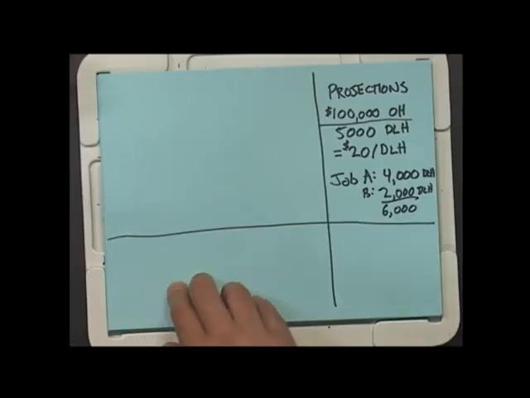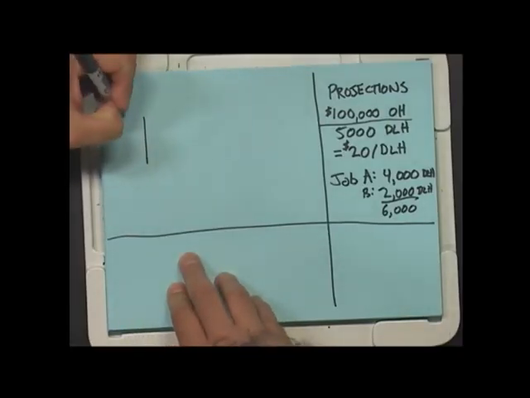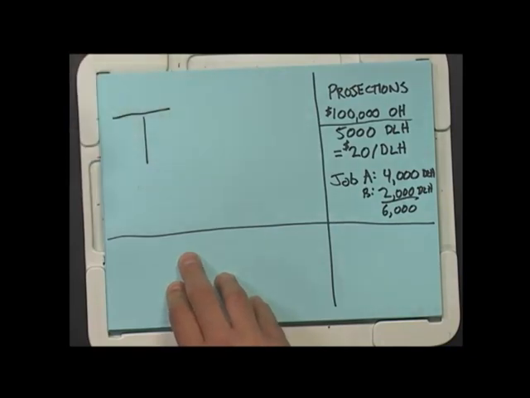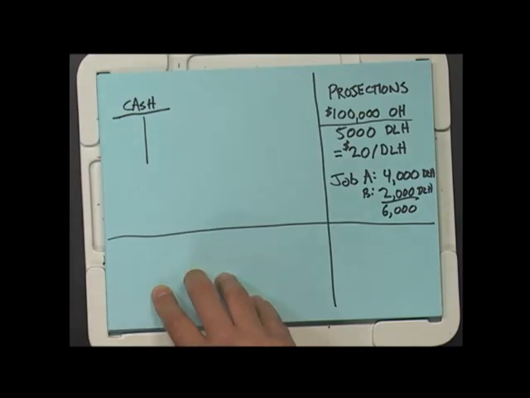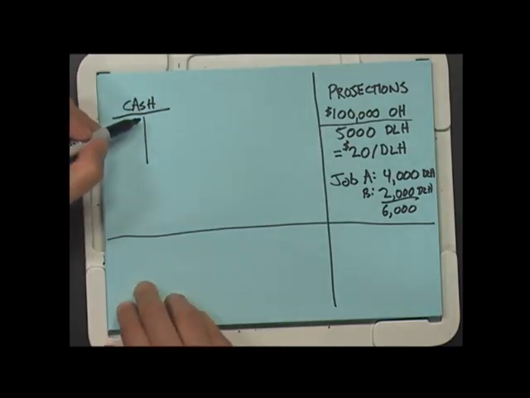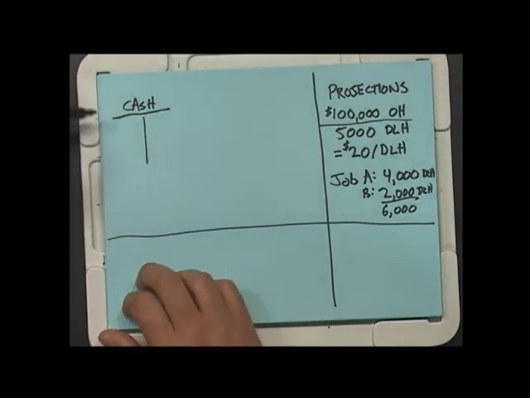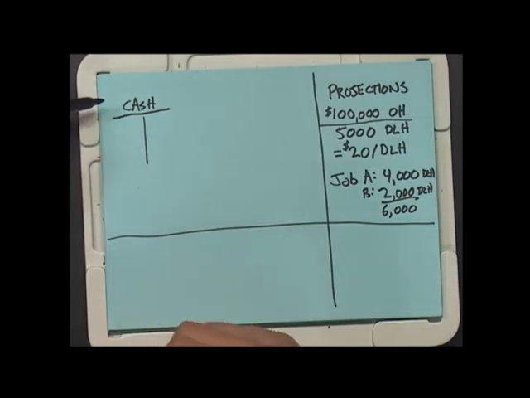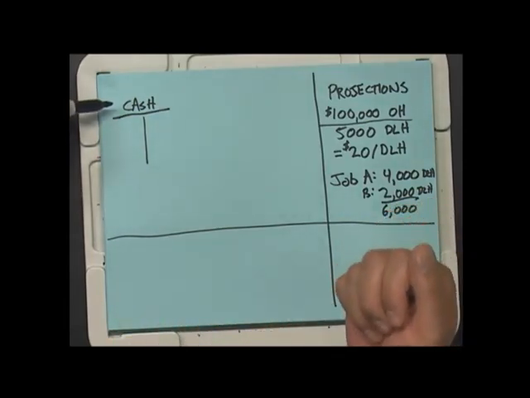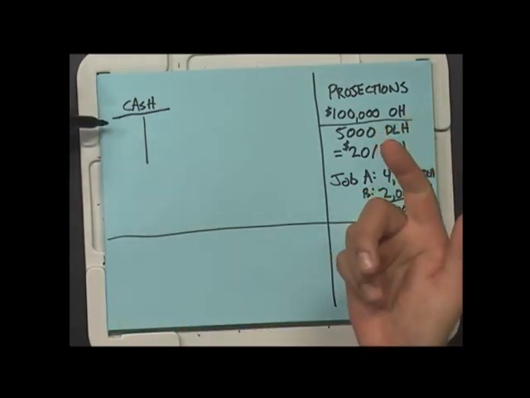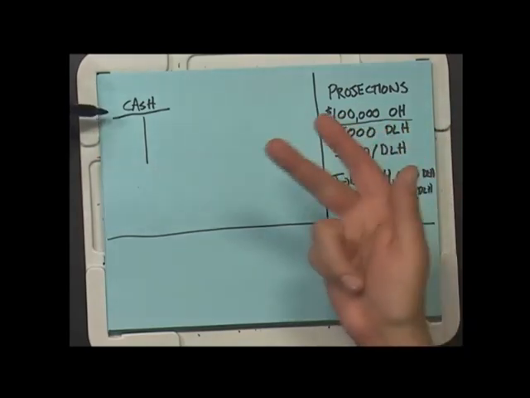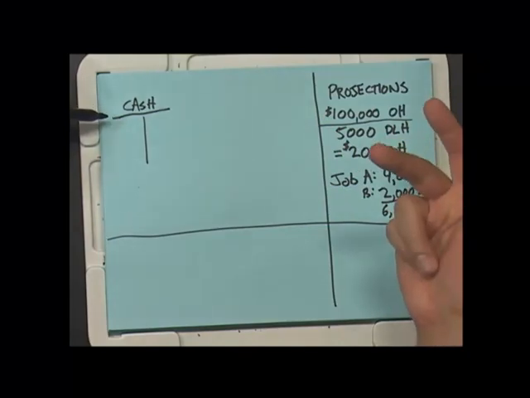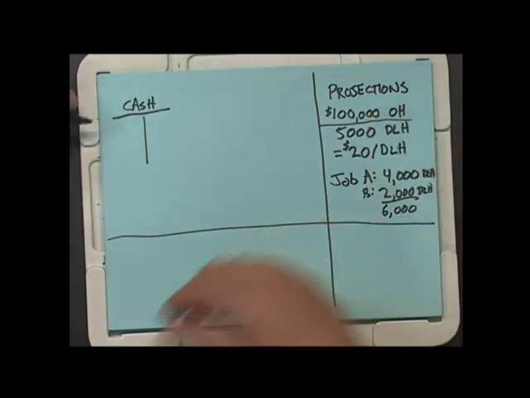Okay, I'm going to make one more assumption, and let's just say for simplicity, every time we incur overhead, I'm only making the entries for all our overhead. Let's say we pay our rent in cash, and we pay our utilities in cash, and our managerial production staff in cash, and so on and so forth.